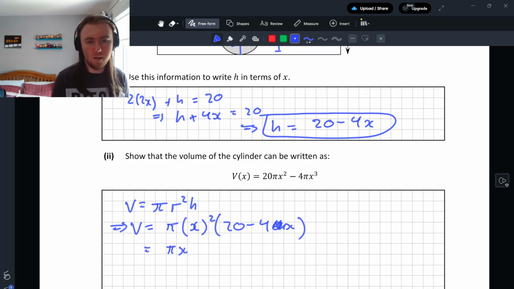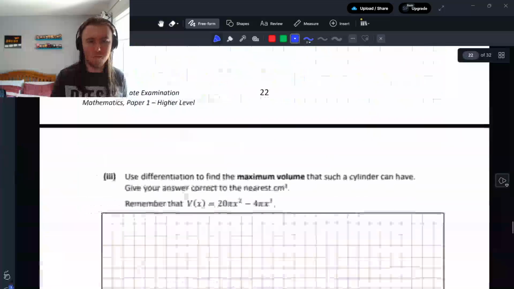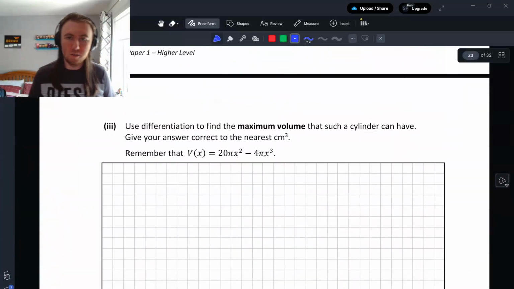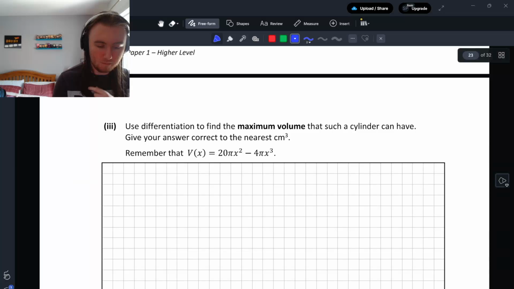So that's pi X squared times 20 minus 4X. So we get 20 pi X squared, that works out, and then minus 4 pi X cubed. That's required. Perfect. Use differentiation to find the maximum volume that such a cylinder can have. Give your answer correct to the nearest cubic centimeter. Okay, perfect.